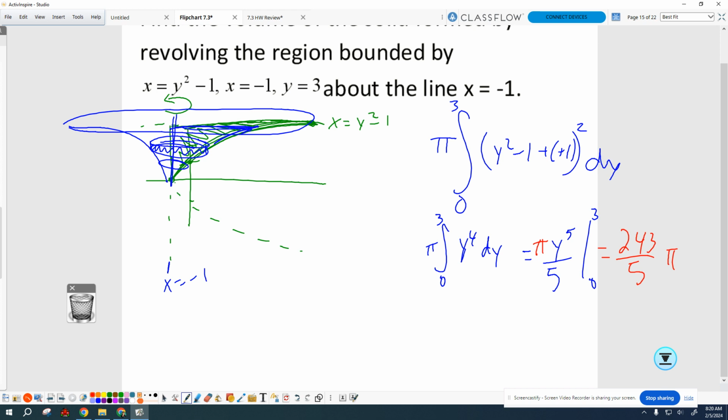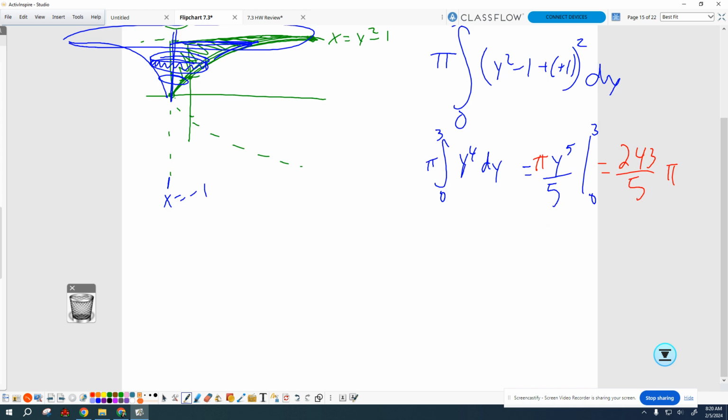Think about that. Is the radius always the right equation, not the left equation? The radius is always the distance from the outside curve to the stick you're spinning around. So top minus bottom or right minus left.